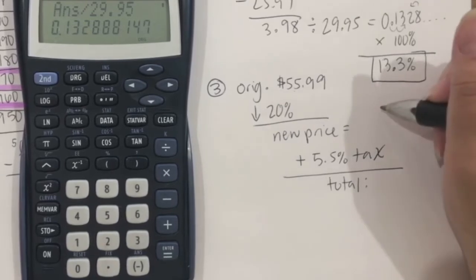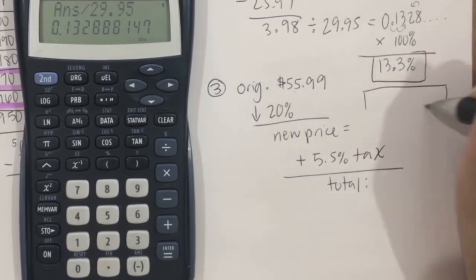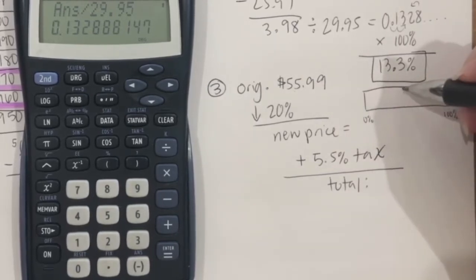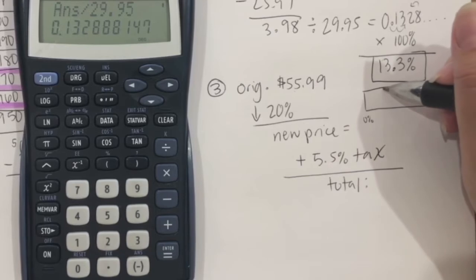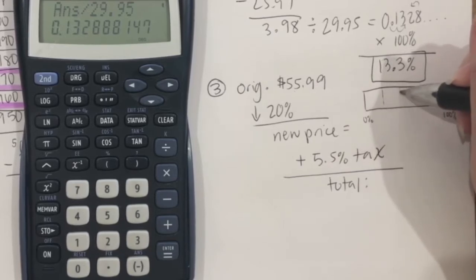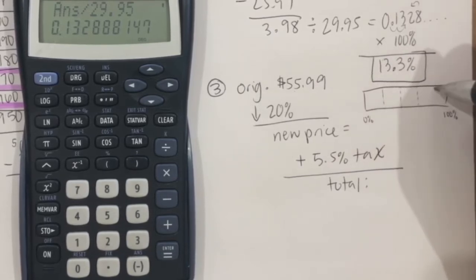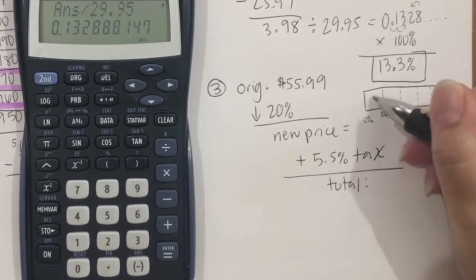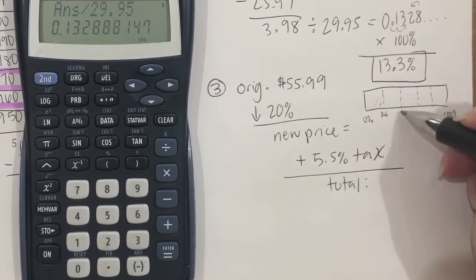And I'm going to use a shortcut here. I haven't showed you this shortcut before. If we have 100% of something, and this would be 0% on this little bar graph here, let's divide it into 5 sections. So this whole section would be 20%. If we add this one, this would be 40%.